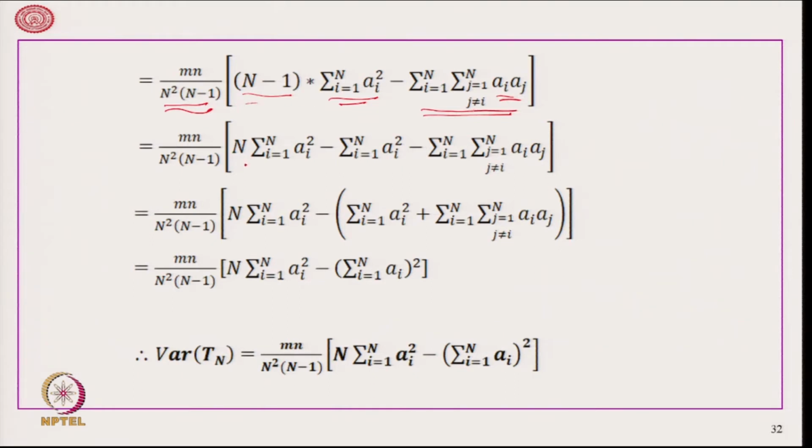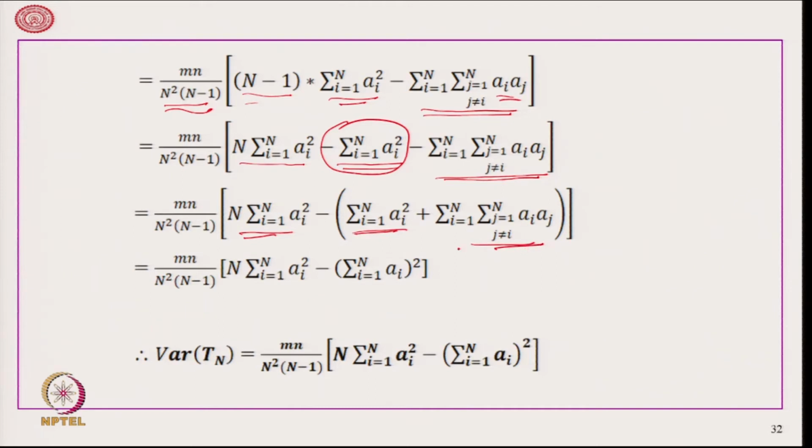Now, we break it as N into Σ a_i square minus Σ a_i square minus this double summation. Now, we put this inside this summation. Therefore, what we are getting? N times Σ a_i square minus Σ a_i square and ΣΣ a_i a_j.